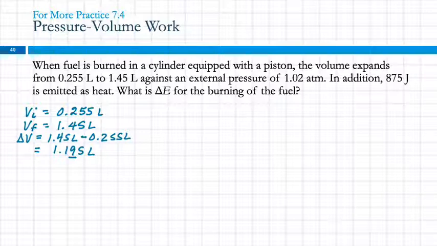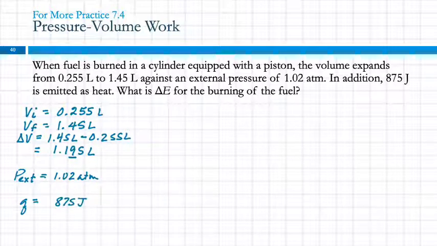Okay, so that's the change in volume against an external pressure, so P external equals 1.02 atmospheres. In addition, 875 joules is emitted as heat. So Q equals 875 joules.